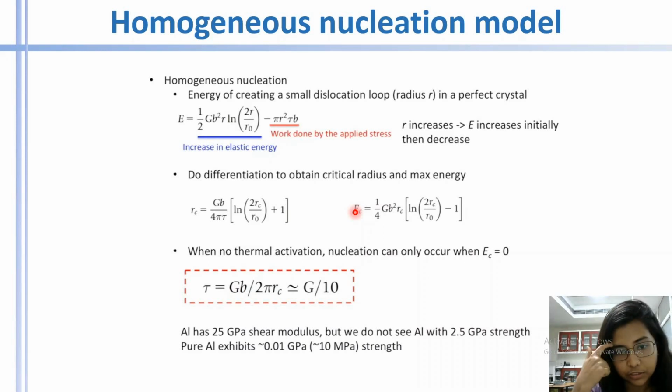Then nucleation can only occur when this energy is equal to 0. If we put that in this equation, the stress tau comes out to be G by 10, where G is the shear modulus.